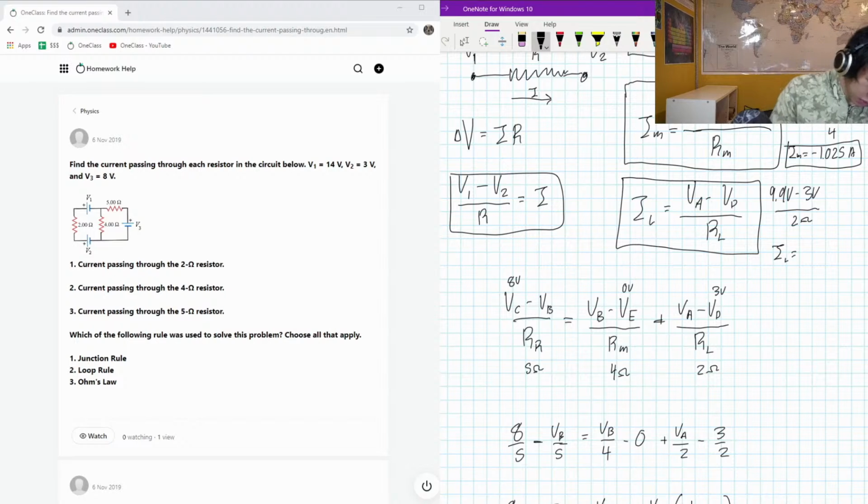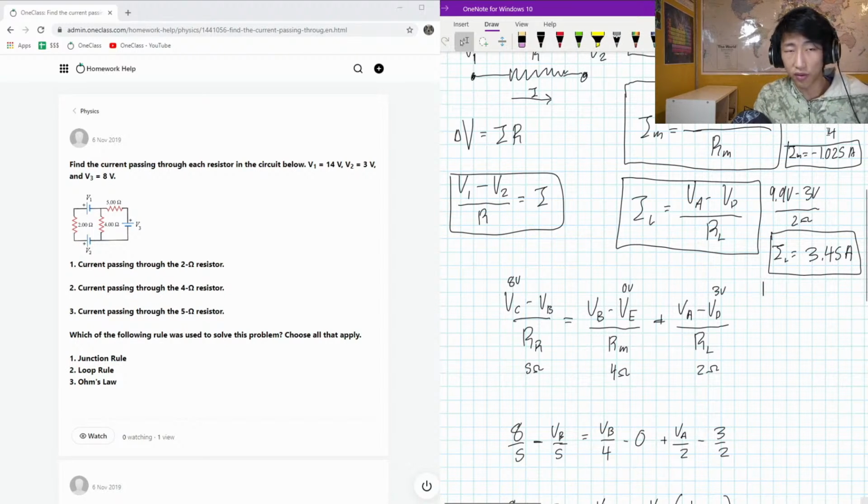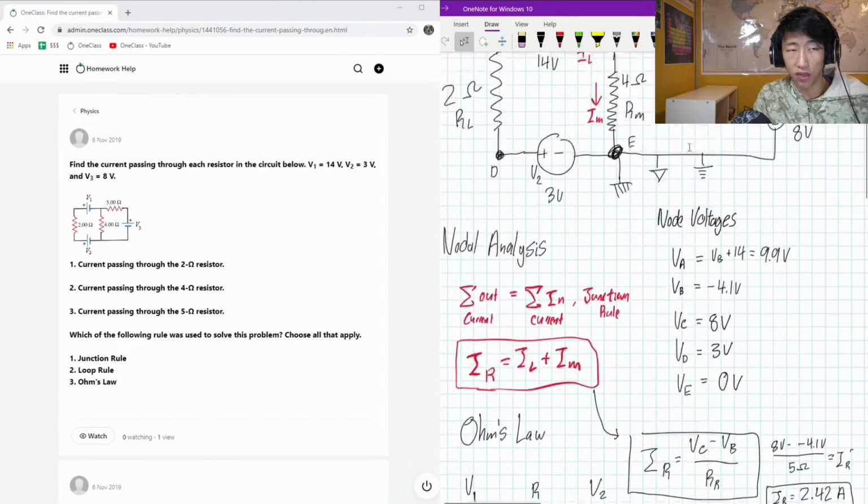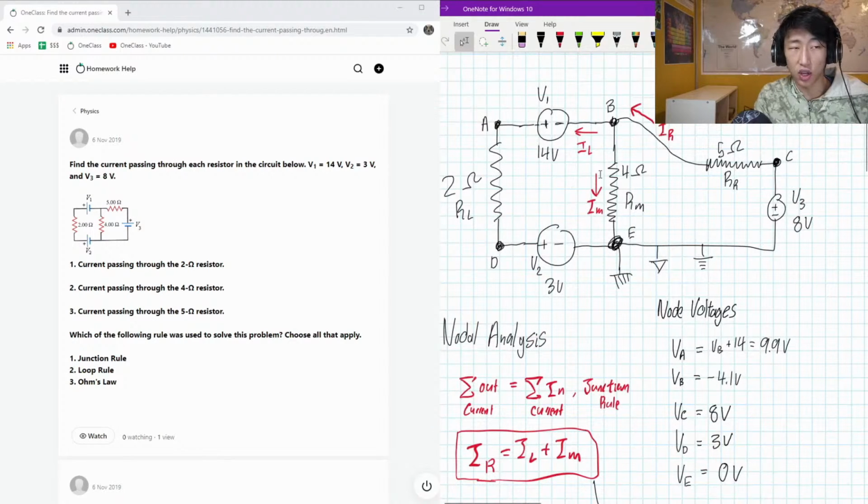So IL is going to be equal to 6.9 divided by 2, I believe. 3.45 amps. And this is positive. So our arrow on the diagram is good. The only one that was negative out of them was IM. That just means this arrow, like the current, is going up instead of down. Okay, nothing to be worried about.